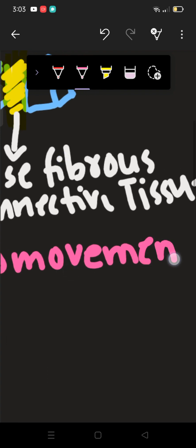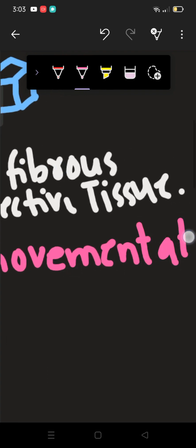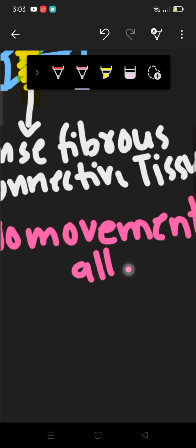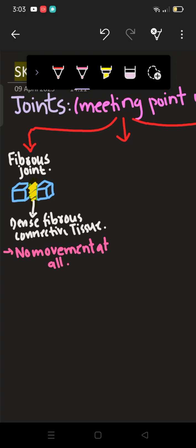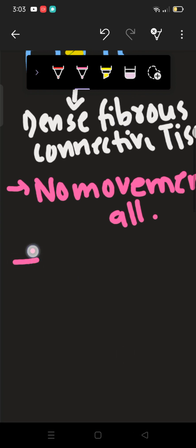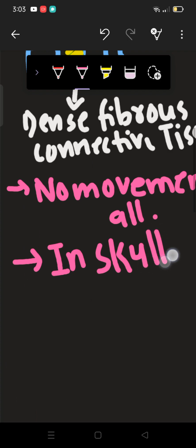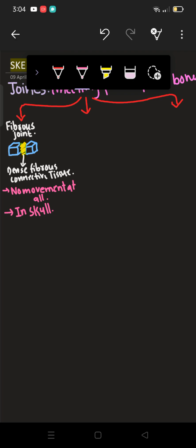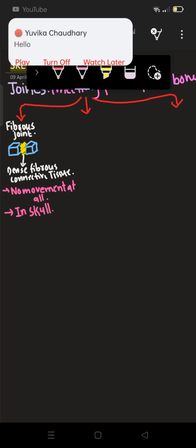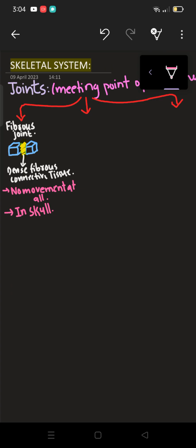Where is it found? I'll have that in my skull, because I know that the skull has no movement. If I slap or hit my skull, it will not go down or come up. So the fibrous joint is present in our skull.